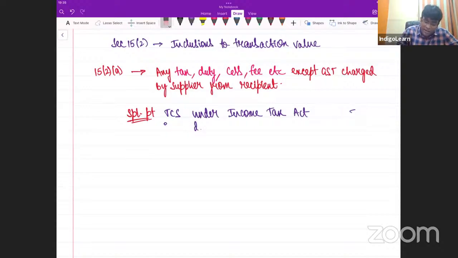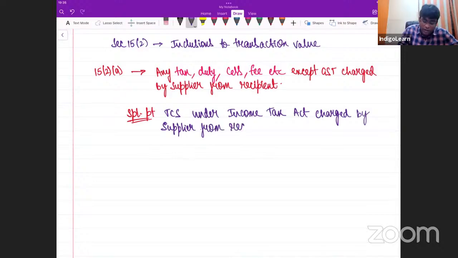TCS under income tax charged by supplier from recipient shall not be included.